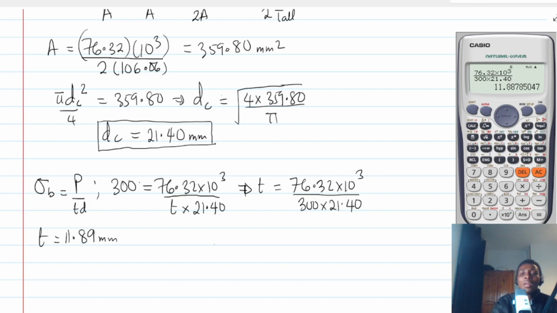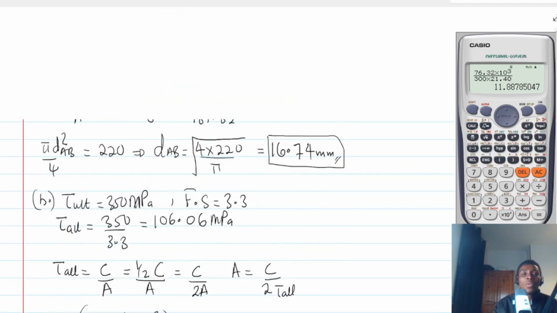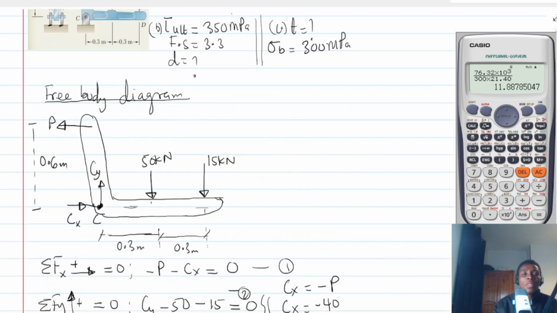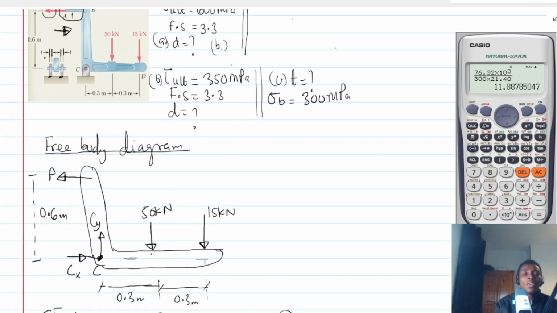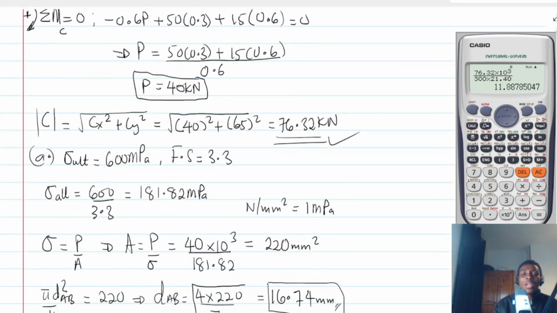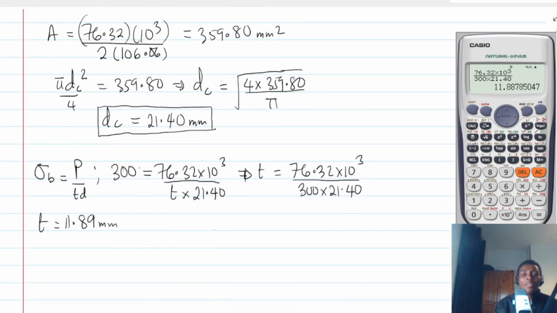But then, at the end of the day, oh, we were supposed to use half. We were supposed to use half because there is one here and there's also another one here, just like we did for the other one. So half.